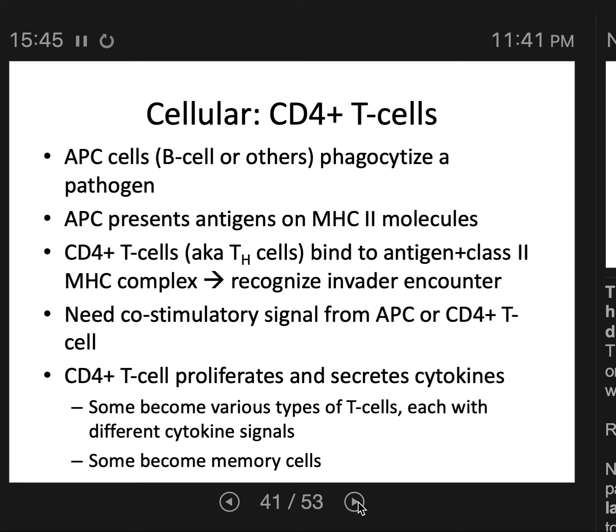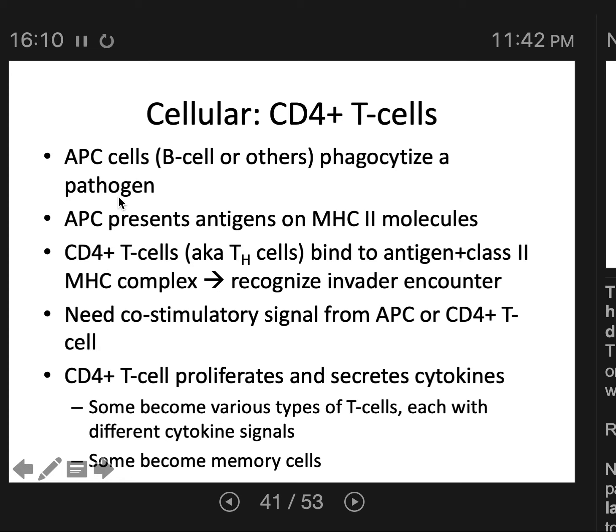And some will become long-lived memory cells in your body. So an important part of this is when a helper T cell proliferates, not all of its daughter cells are helper T cells. It can produce other kinds of T cells, but they're all going to have the exact same T cell receptor that allowed it to bind to this MHC class II antigen complex.